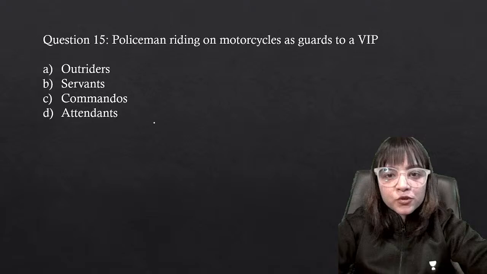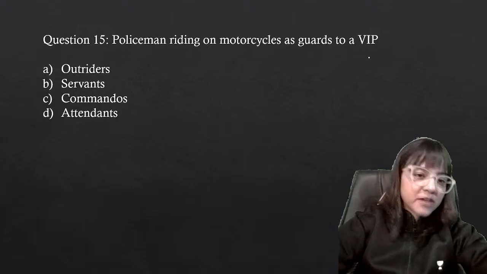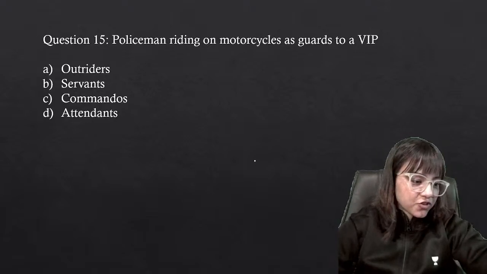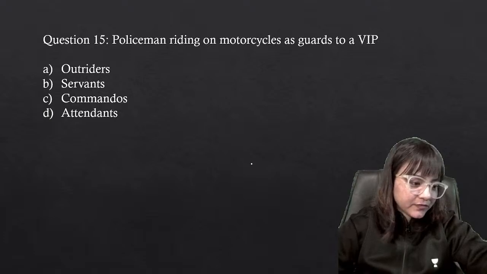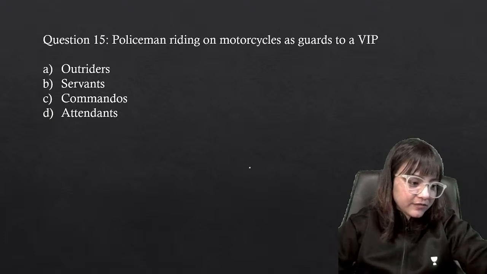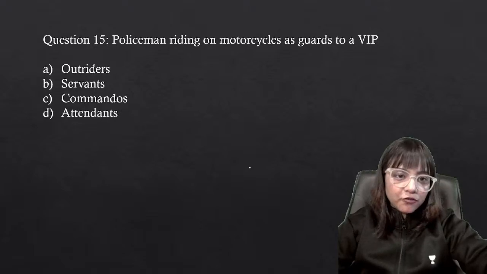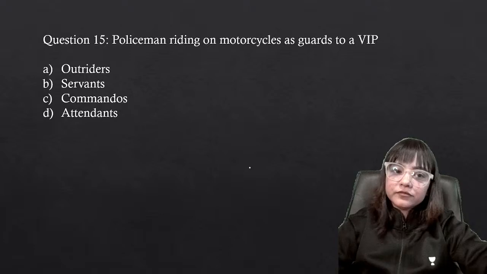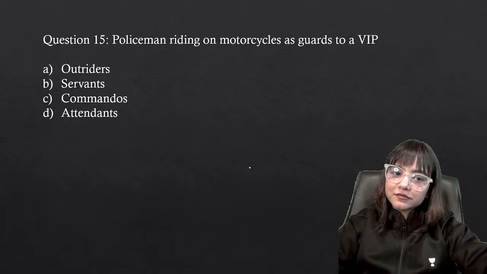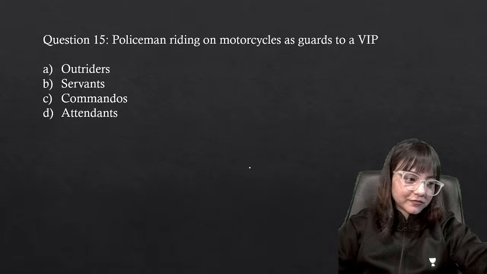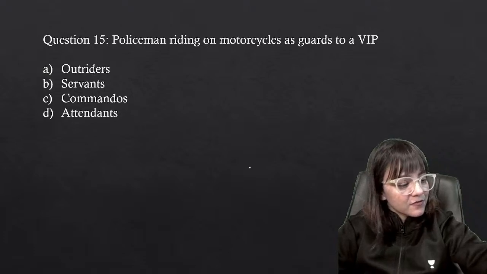Policemen riding on motorcycles as guards to a VIP. What is it called? Good job, Shubham, Nikhil, Arpita, Rahi. What will be the correct answer for the 15th one? Come on.